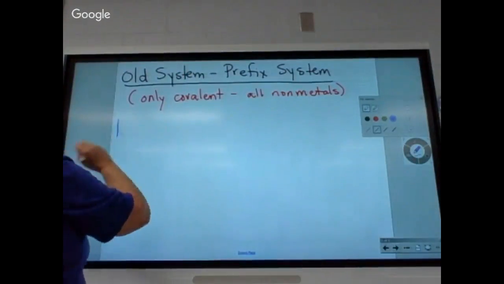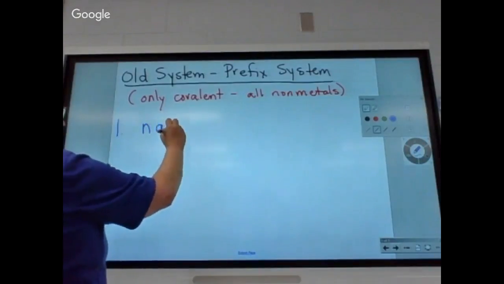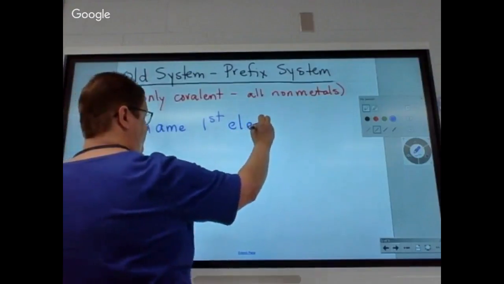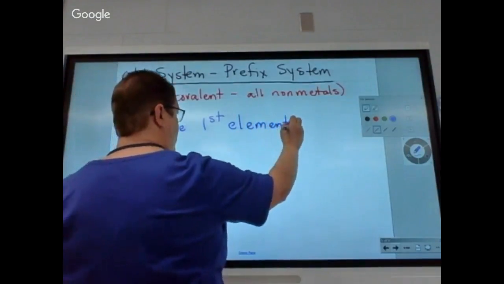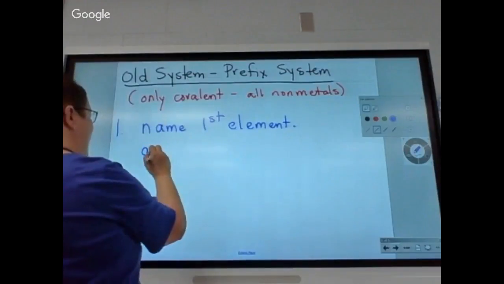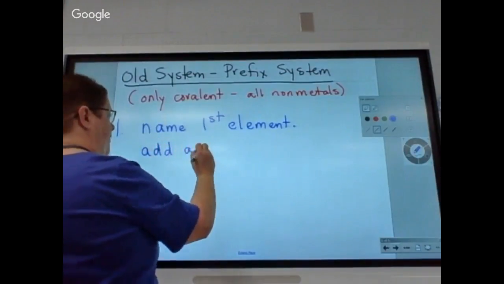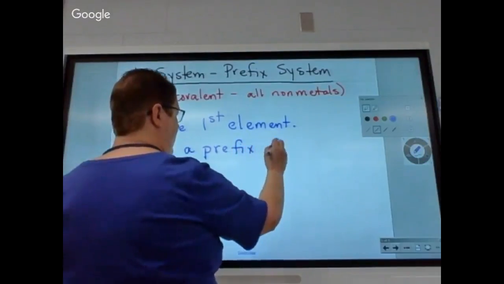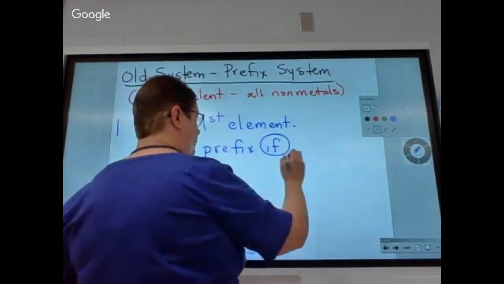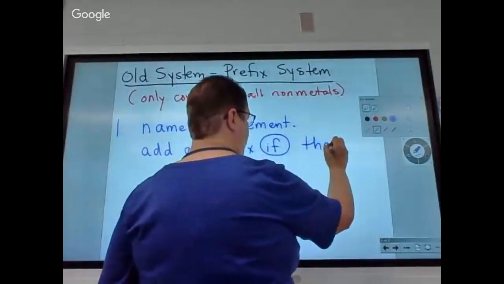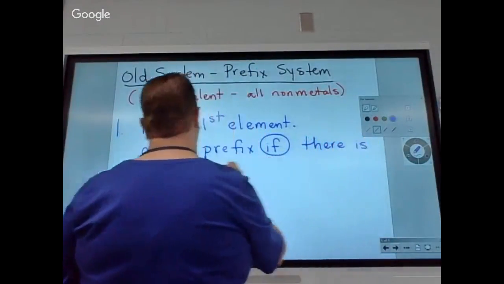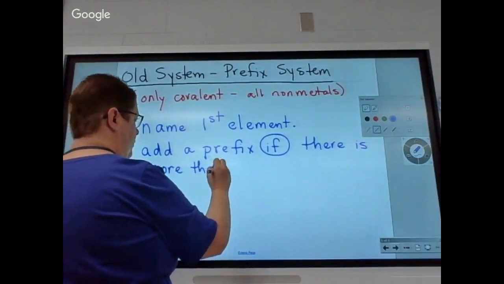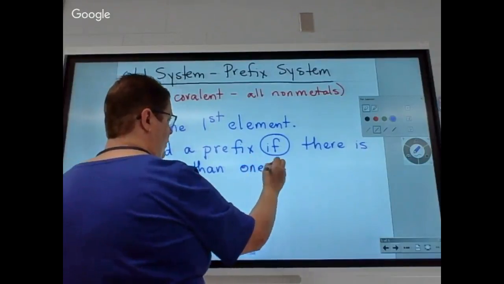Number one, we're going to name the first element just like we do in stock. Now, we will add a prefix if there is more than one atom.